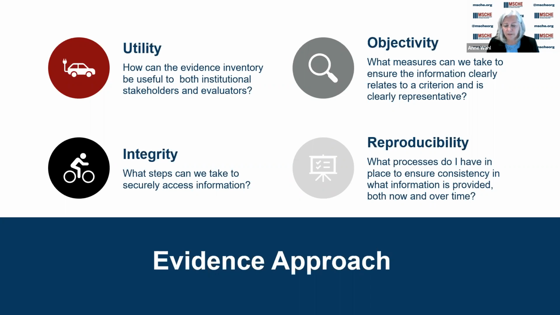Objectivity. This is really focused on your information being complete, reasonably unbiased and accurate, and appropriately representative. And the third element I wanted to talk about was integrity. Be sure the institution's internal evidence inventory is appropriately secure and reasonably accessible.